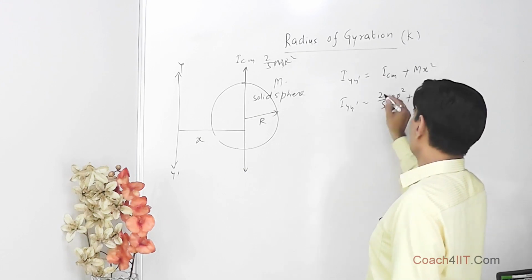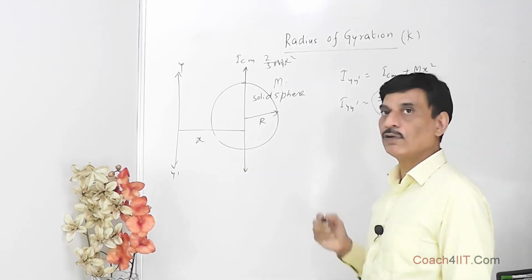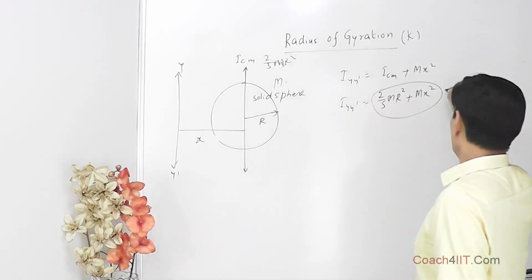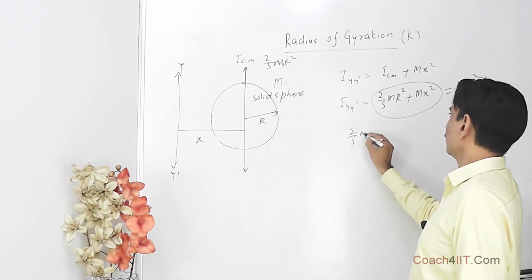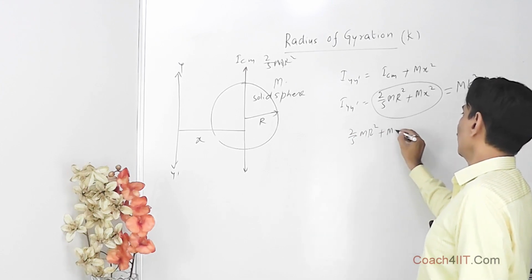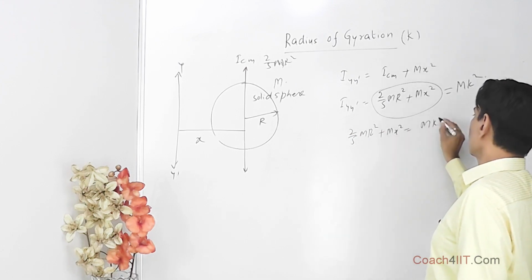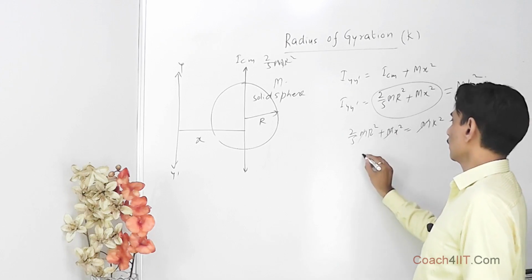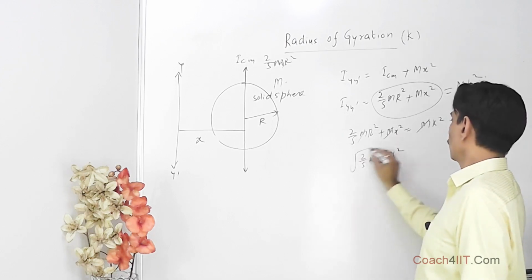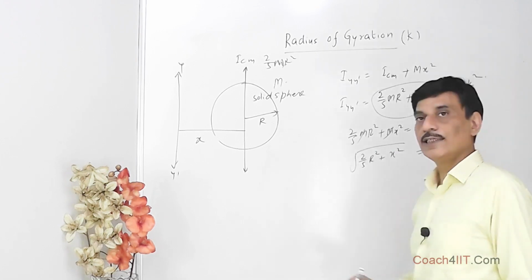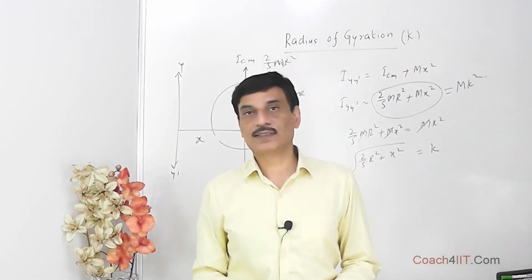So Iy dash is known. To find the radius of gyration, we directly put it equal to mk square. So 2 by 5 mr square plus mx square is equal to mk square. m gets cancelled. So root of 2 by 5 r square plus x square is going to be the radius of gyration for this distribution of mass system.